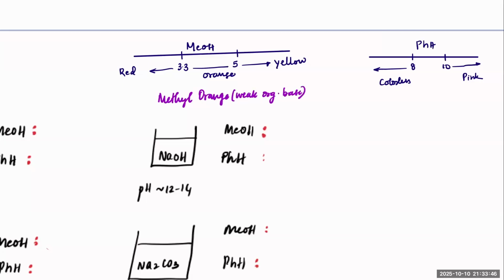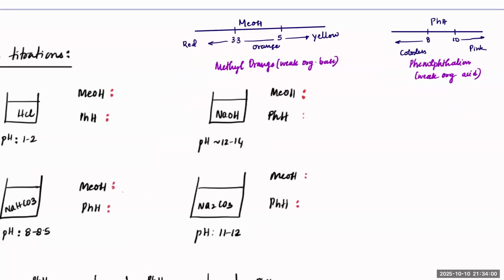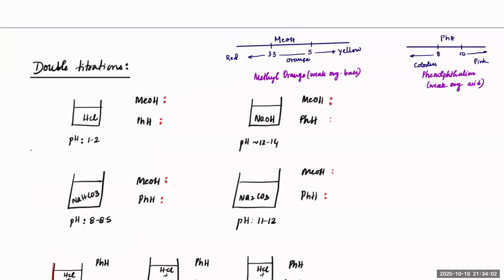Then we have phenolphthalein, which is a weak organic acid. So one is a base form, one is an acid form.